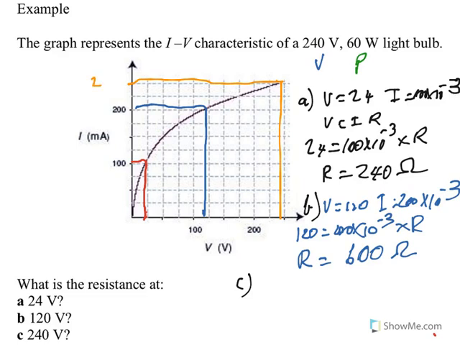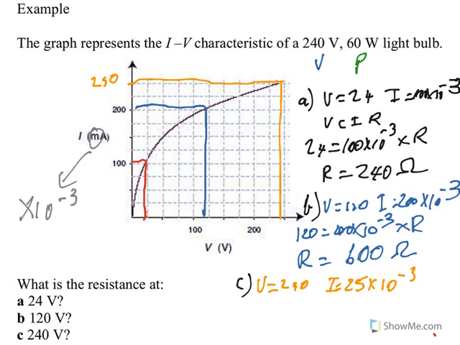So 2 is 50, so that's 250 milliamps there. So voltage at 240, the current is 250 by 10 to the minus 3. Remember, milli, 10 to the minus 3. Just to highlight that, milli by 10 to the minus 3.